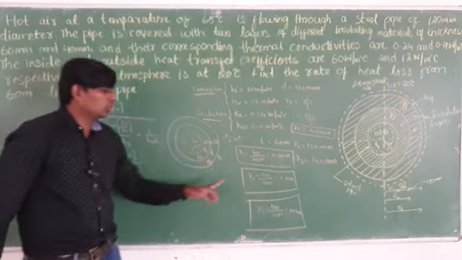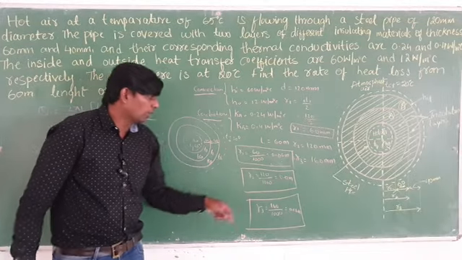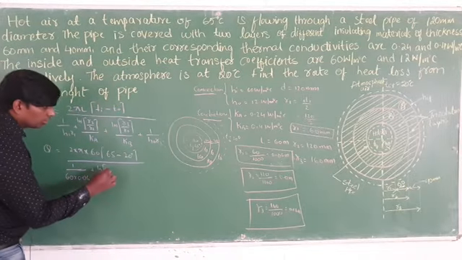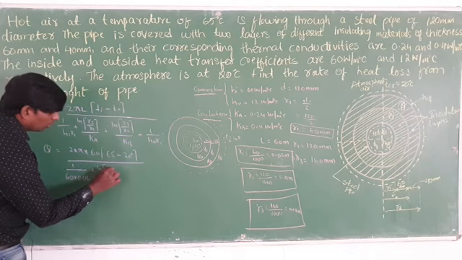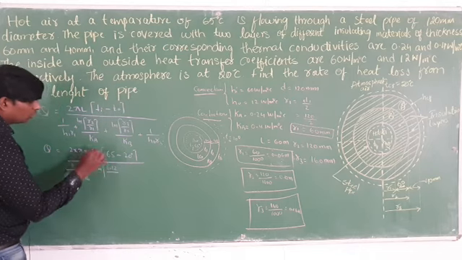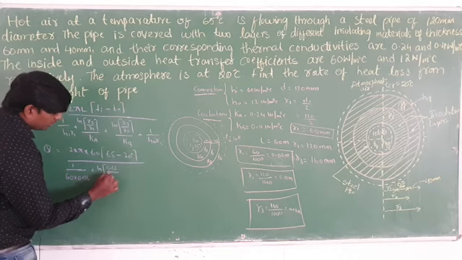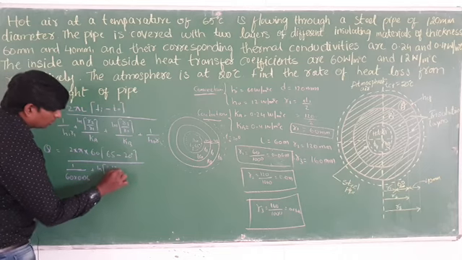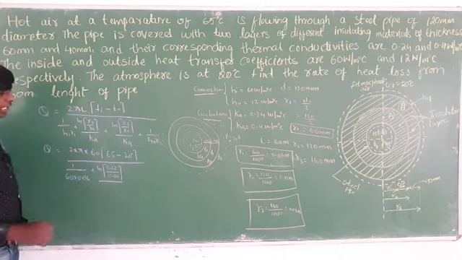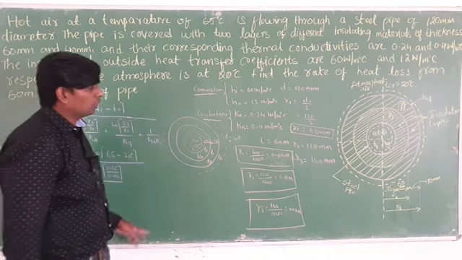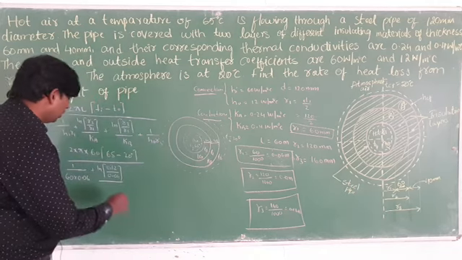R2 value is equal to 0.12 and R1 value is 0.06, so you can write 0.12 by 0.06, by the Ka value. Ka value, as I wrote, is 0.24.